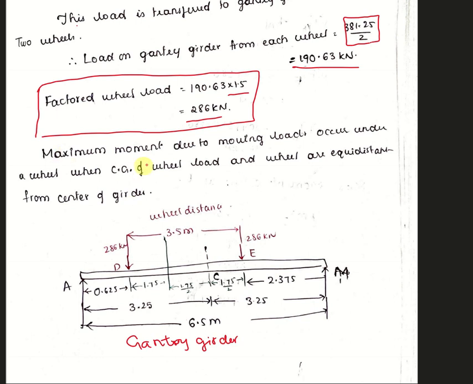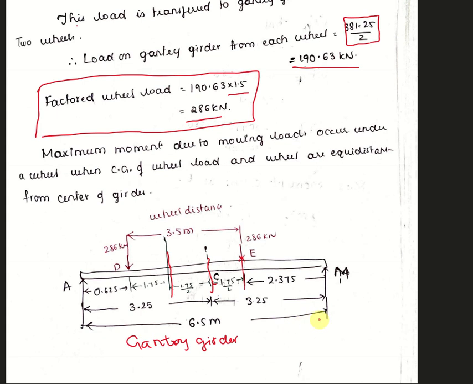Okay, what it says: the maximum moment due to moving loads occurs under a wheel when the center of gravity of the wheel loads and the wheel are equidistant from the center of the girder. So the center of gravity of the wheel loads and the wheel are equidistant. This is the center. This is the wheel and this is the center of gravity of the wheel loads. So they should be equidistant from the center. So how will you find out?